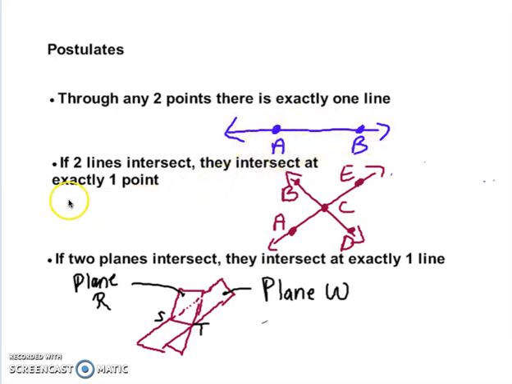Our next postulate or fact is if 2 lines intersect, they intersect at exactly 1 point. So you can see here we have the line BD and also the line AE. And those 2 lines intersect at exactly point C.